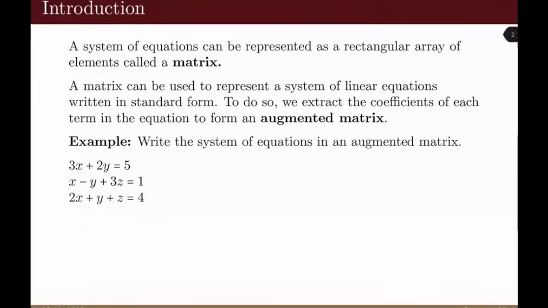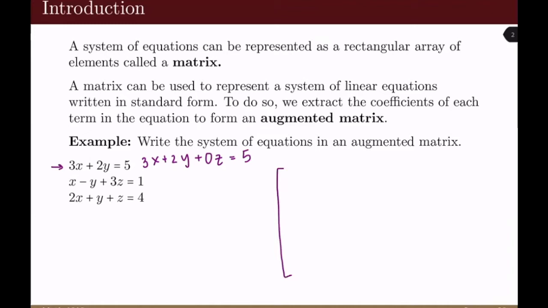So what we need to do first is identify the coefficients of each variable. You notice here in the top equation, there is no variable z. So we would consider that having a coefficient of 0, since 0 times z is equal to 0. Now, writing the matrix, you need a large bracket.